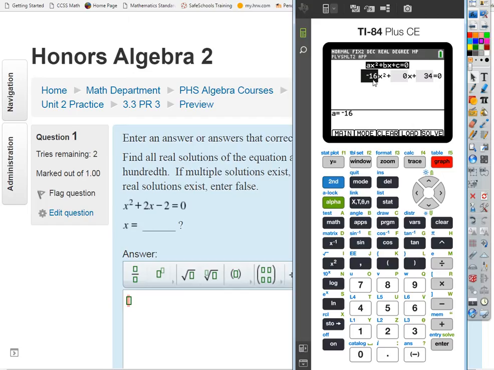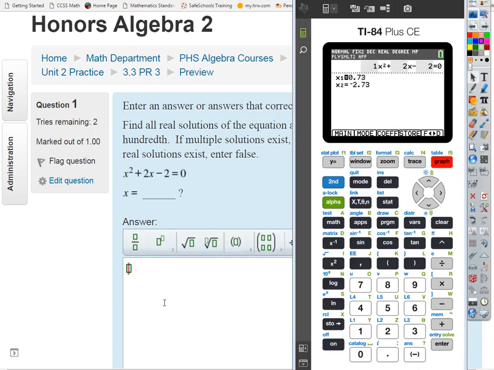If you have an older version of the operating system, that's okay. It'll look very similar to this. You just won't put in the coefficients directly; you'll put them into a list below. Otherwise it's the same. So the coefficient of x squared needs to be 1, plus 2x, minus 2 equals 0, and then we just hit solve, and it tells us the answers.